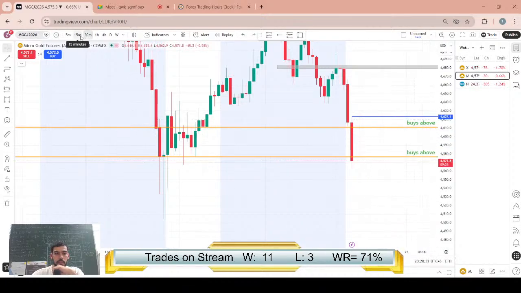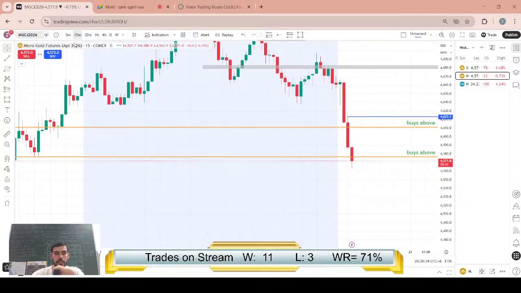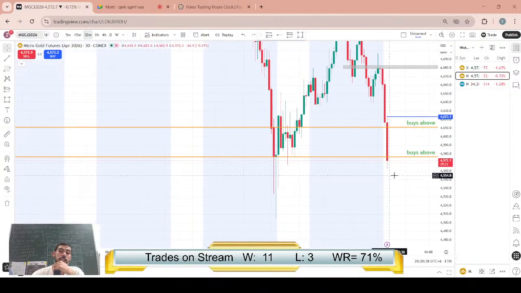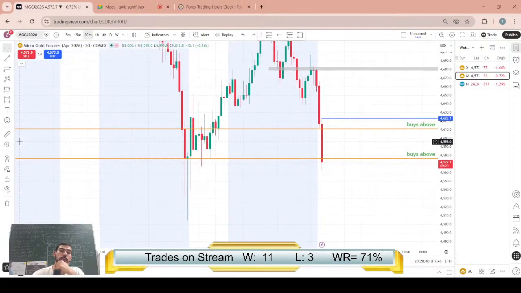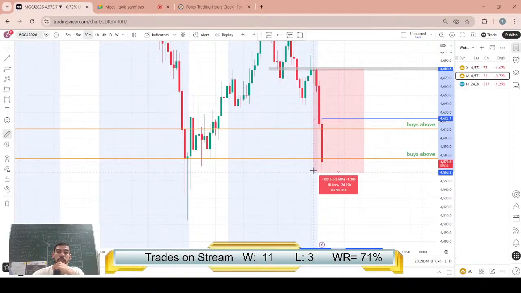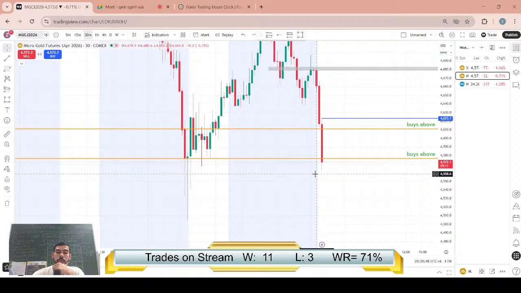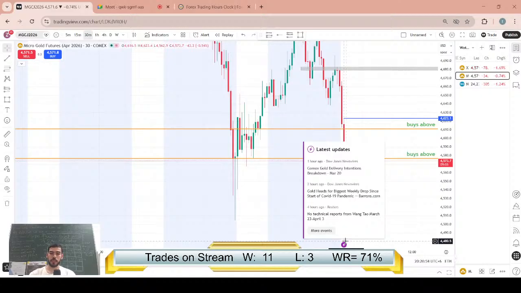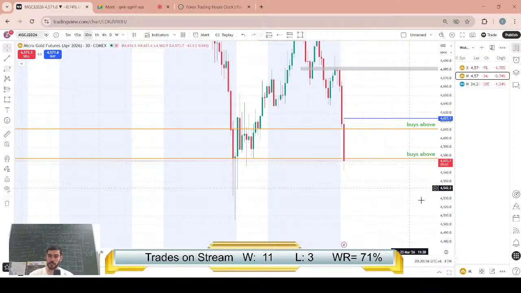So probably with this 30 minute, if it closes, but man, the thing is, it's a little bit overextended now. This is almost 1,000, 200 pips. Difficult to take a trade right there.